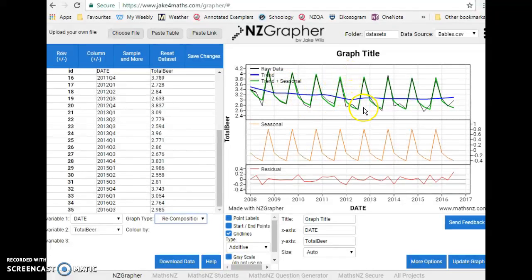Okay, and the last thing I want to point out is this graph here. It's called the residual graph. Residual just means what's left over. So those with quick minds will know that it's the difference between the model and the raw.